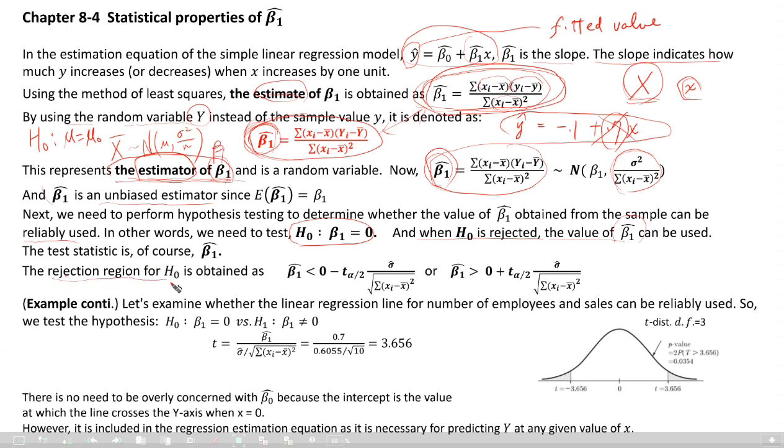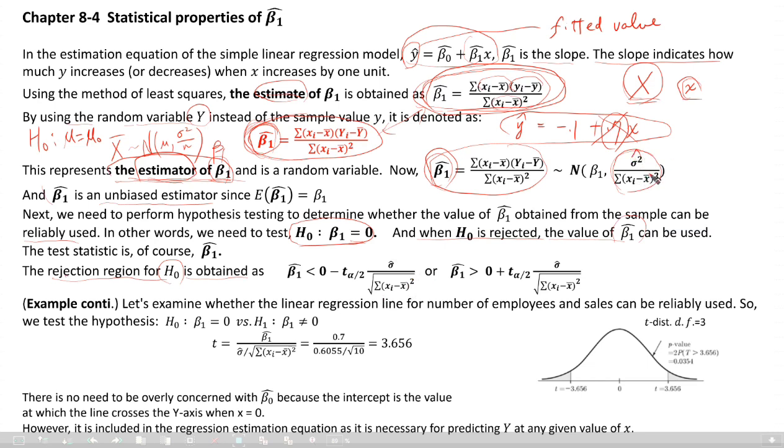Then the rejection region for H naught is obtained as beta 1 hat less than 0 minus t alpha over 2, two-sided test, times sigma hat over the square root of this value. Instead of sigma square here, we need sigma square hat, right?